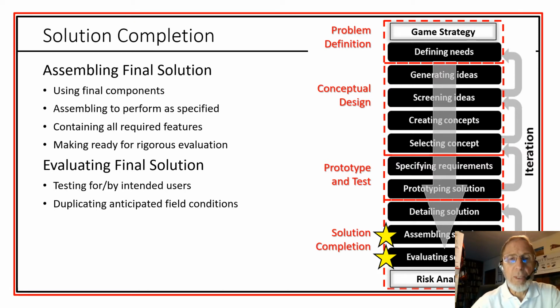So it's best again to have something that duplicates where we expect this solution to be used in the end. We're coming out of this evaluation process with proof of performance. We need to be able to prove that the solution meets the performance expectations that we had identified.